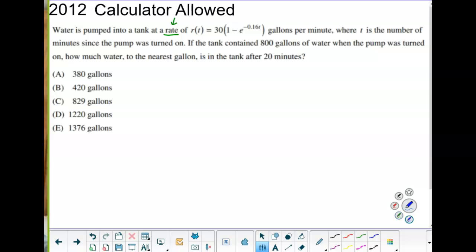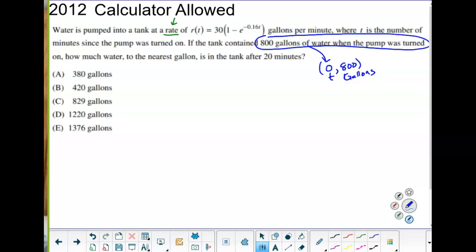If the tank contains 800 gallons of water when the pump was turned on, well, notice, that's my start, right? It's hidden. They told you at time 0, there's 800 total gallons.